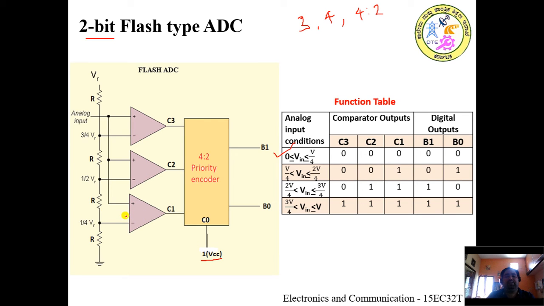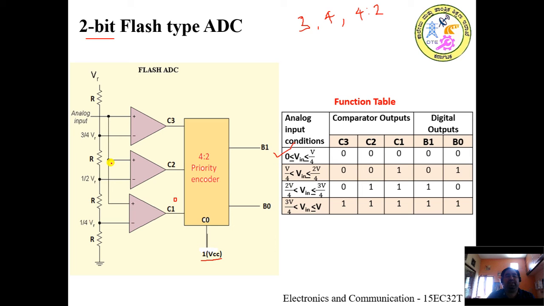In such a case, since the comparator compares the reference voltage with the unknown analog voltage, and the analog input voltage is less than VR by 4, the output of the first comparator would be 0.